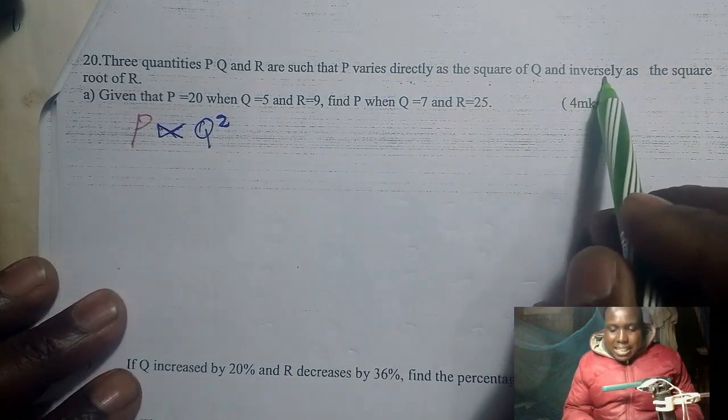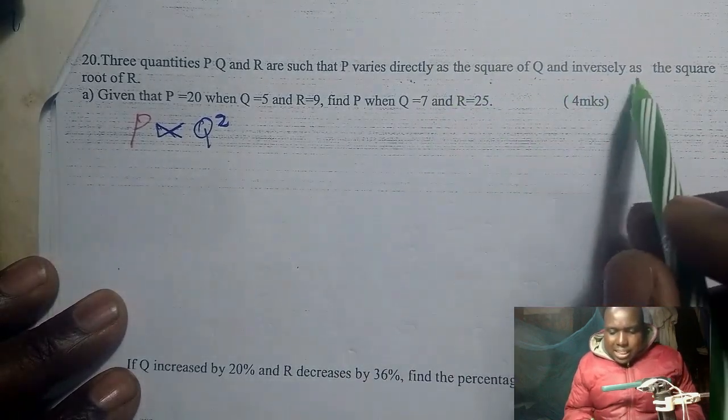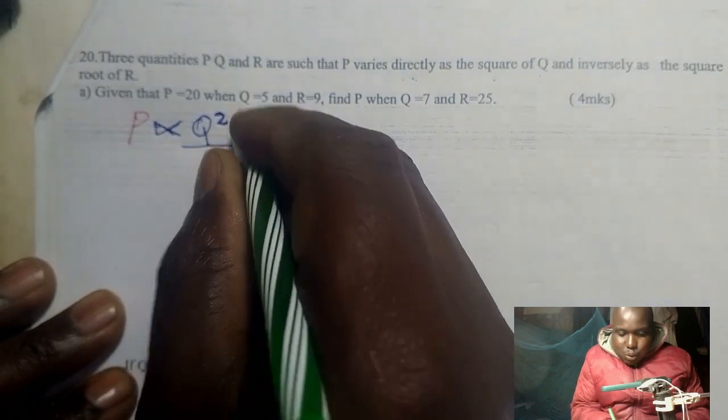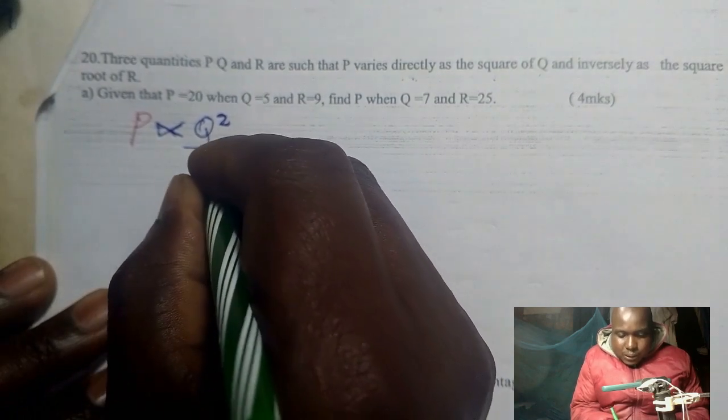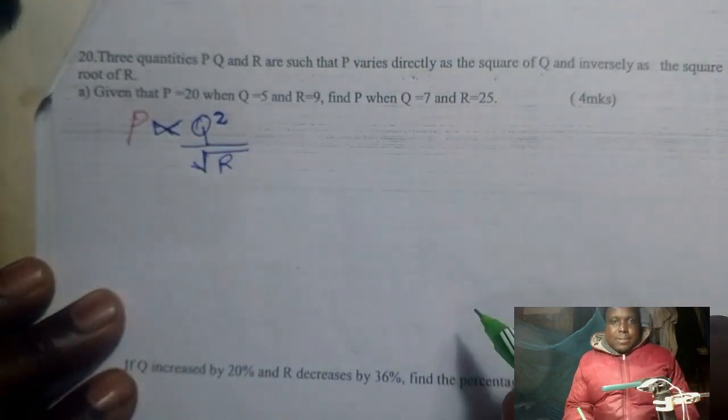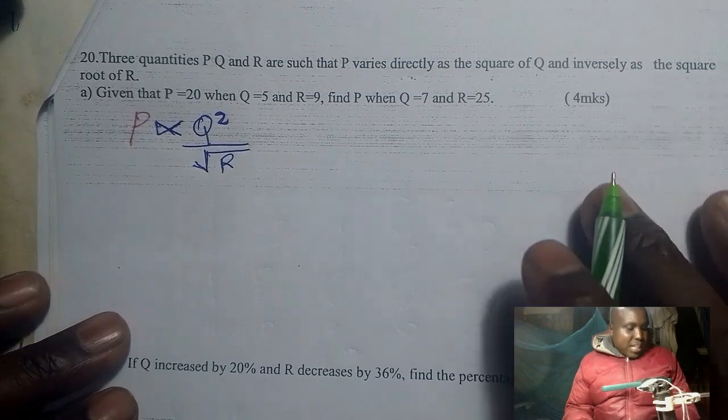And inversely is 1 over that, so inversely as the square root of R, meaning 1 over the square root of R. So that is what we need.